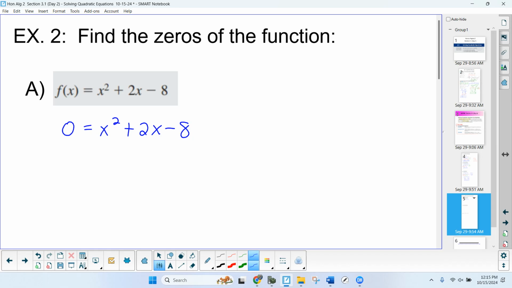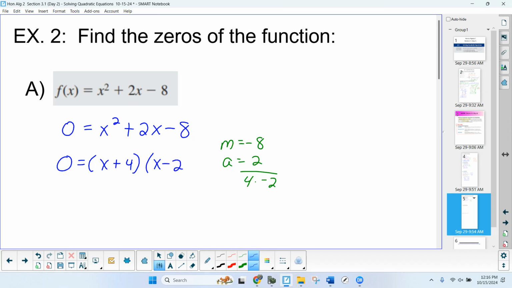Yeah. Do you guys have a GCF? No. AJ, what do you have? Good. And you have a trinomial. A is 1. Life is easy. What multiplies to give you -8 that adds to give you +2? 4 and -2. So what did this factor into? x plus 4, x minus 2.